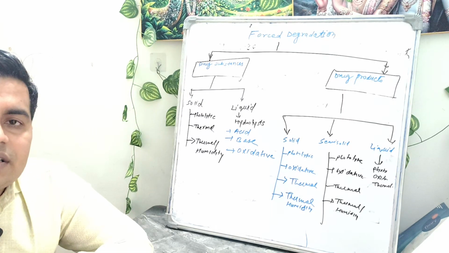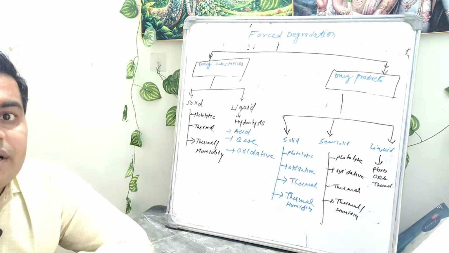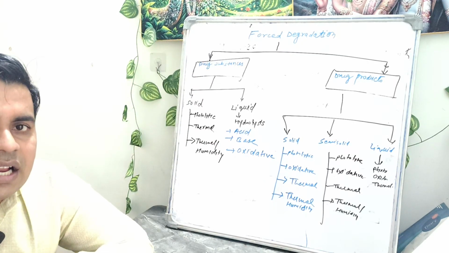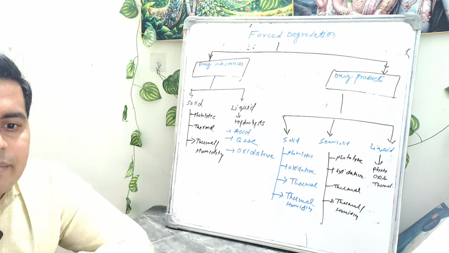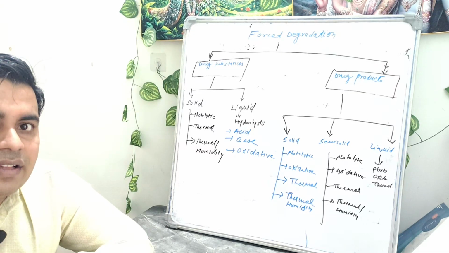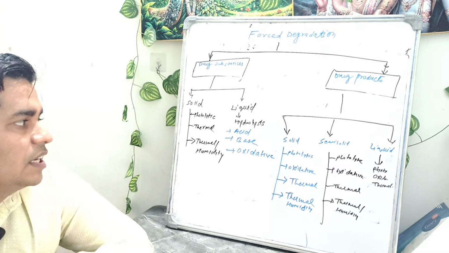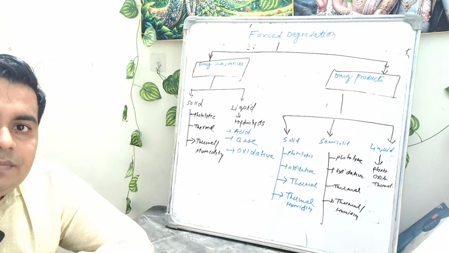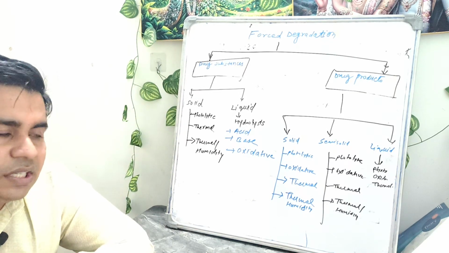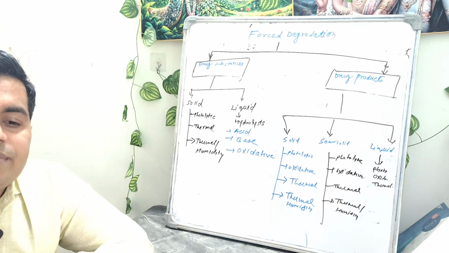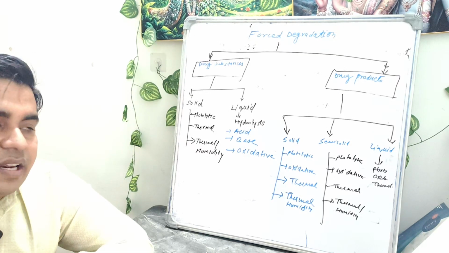In some cases, we also do metallic degradation. It is done in Brazil filing of the drug for Brazil, where FeCl3 and a certain amount of metals, a metallic solution, are introduced in the sample preparation and we observe the degradation due to the metals.